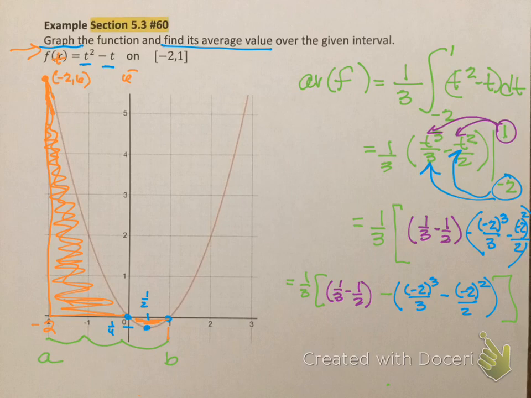Now, the reason it's so important to put the -2's in parentheses here is because you all tend not to square and cube things correctly with negatives on them. So I would have -1/3. This is a -1/6. This gives me -8/3 minus +4/2.